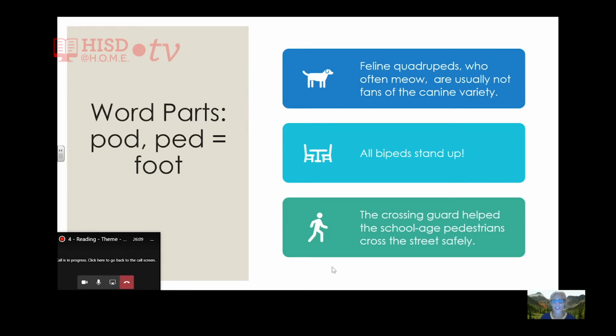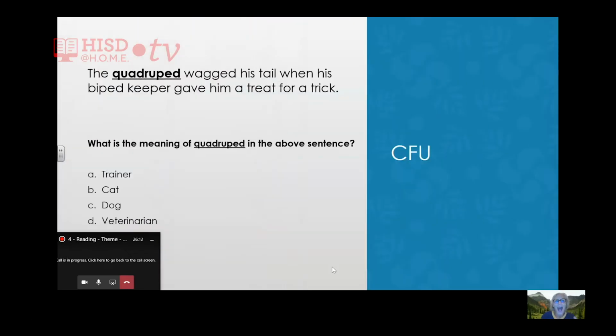All right, let's try again. Let's see, here's my check for understanding. Okay, the quadruped wagged his tail when his biped keeper gave him a treat for a trick. What is the meaning of quadruped in the above sentence? Is it A, trainer, B, cat, C, dog, D, veterinarian?